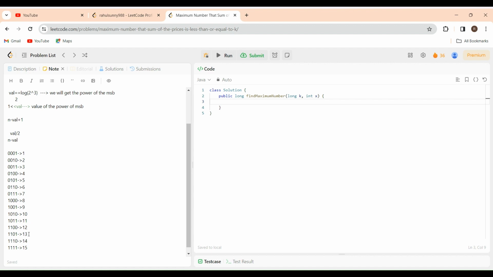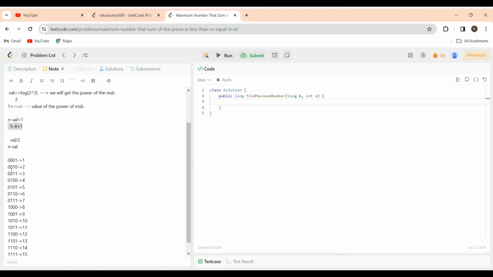So 13 minus 8 is 5. From 5 we need to consider this thing, right? So for 4, how many will we be getting? 5 minus 4 plus 1, we will be getting these many set bits in the last index, right?